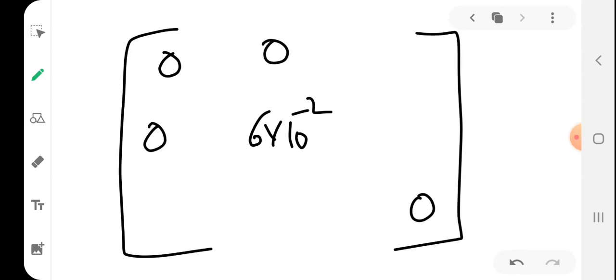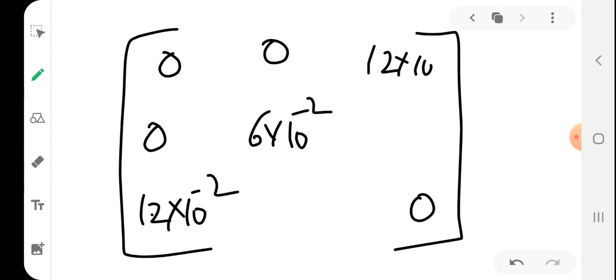This is 0. xz is not 0, sorry. This is 12 into 10 raised to minus 2. This is also 12 into 10 raised to minus 2. These two are 0. So this is the strain matrix for the given question. Thank you.